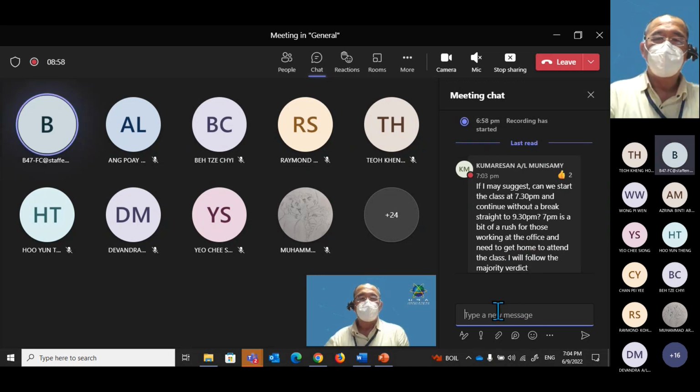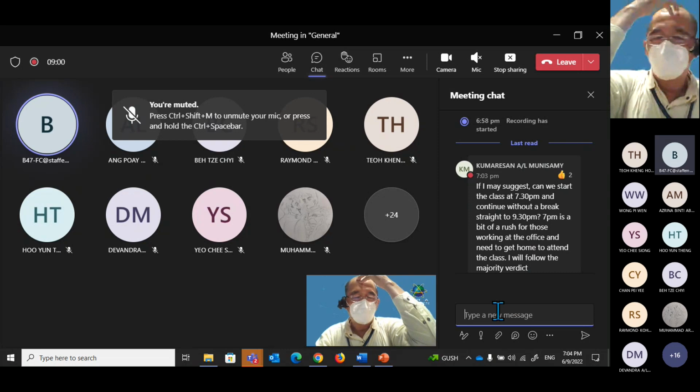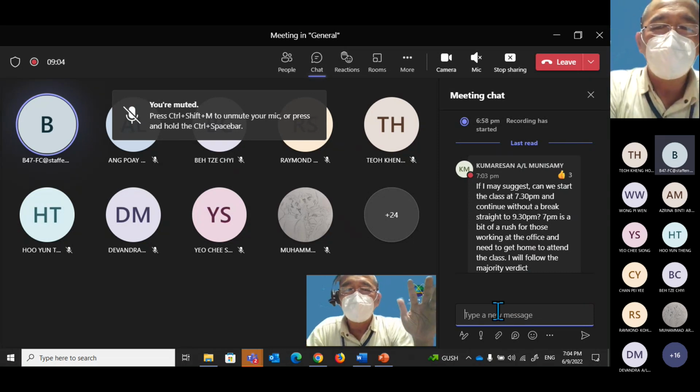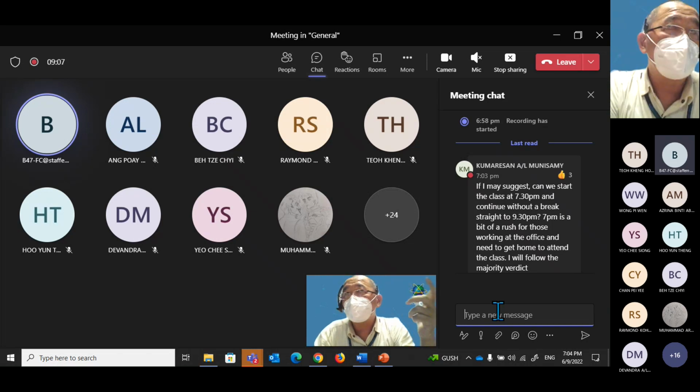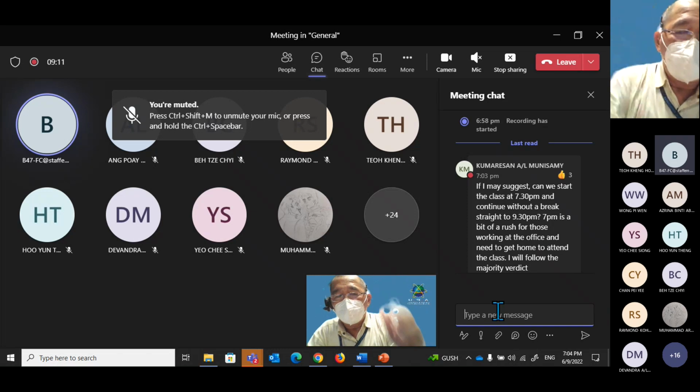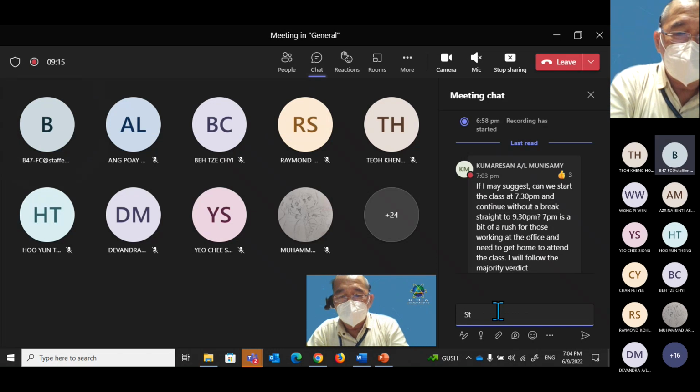You can vote until 7:30, but for today we cannot change. We start at 7 until 7:30, take a break, and then start at 8 until 9:30. You can start voting now.